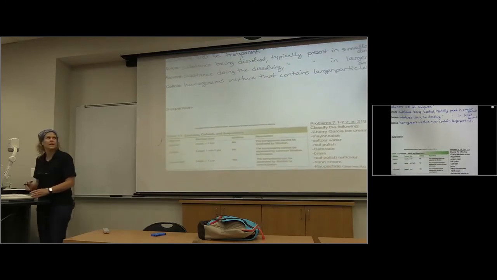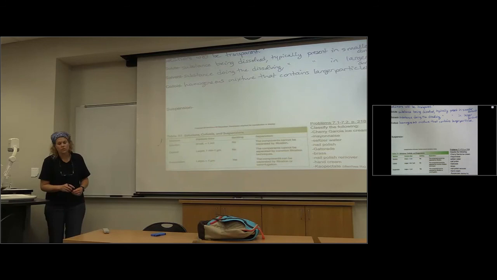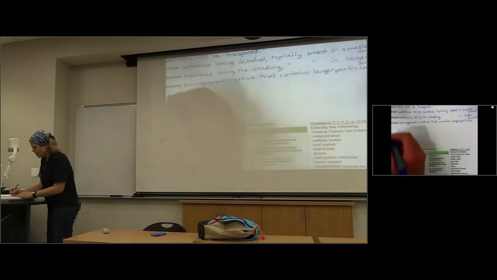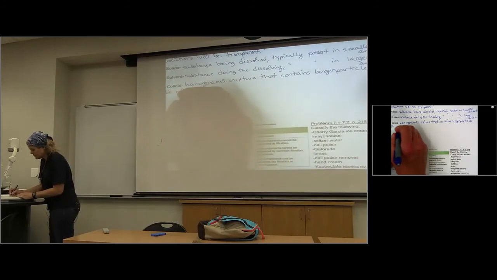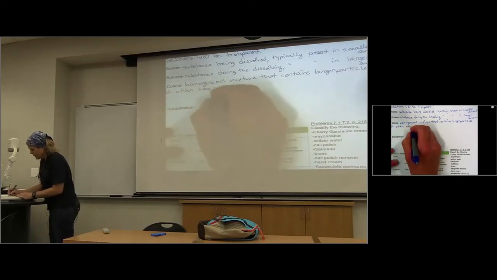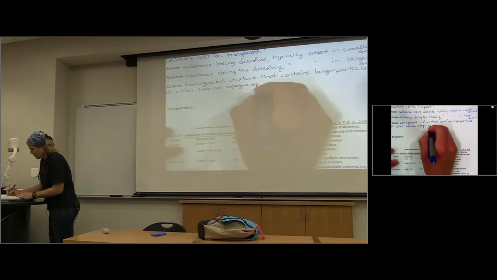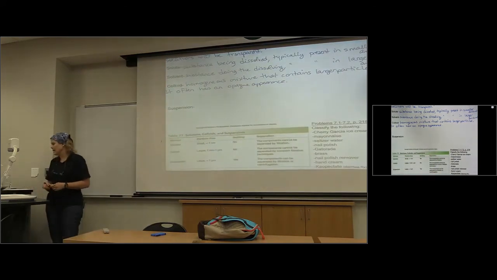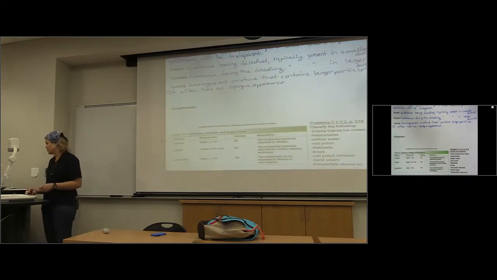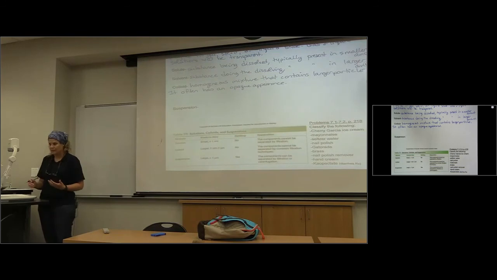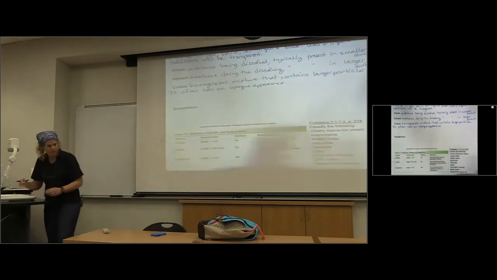So a colloid is a homogeneous mixture that contains larger particles. It often has an opaque appearance, meaning you can't see through it. It's cloudy. Maybe you could put cloudy there, that might help you.